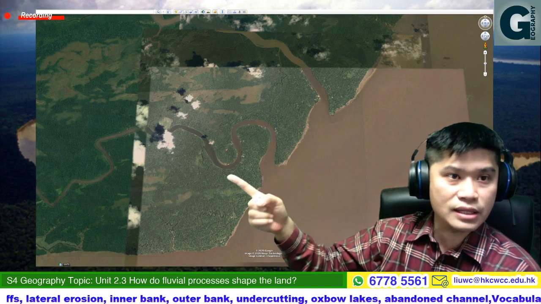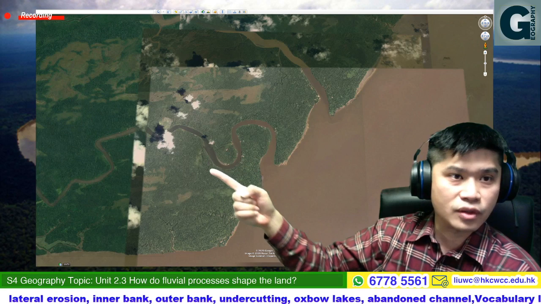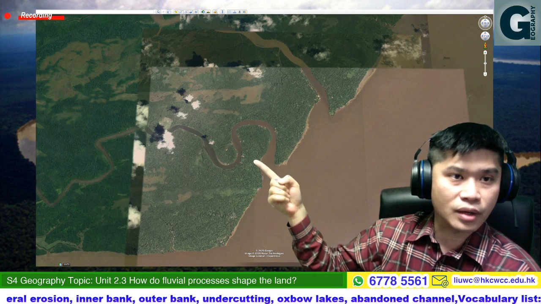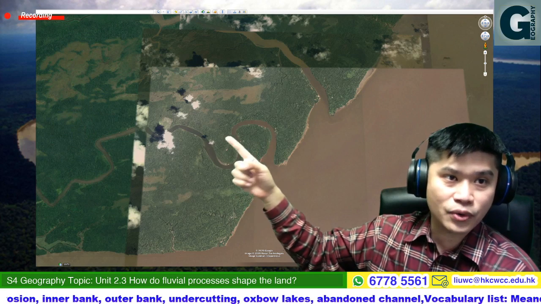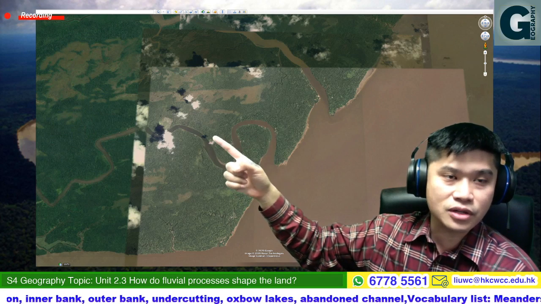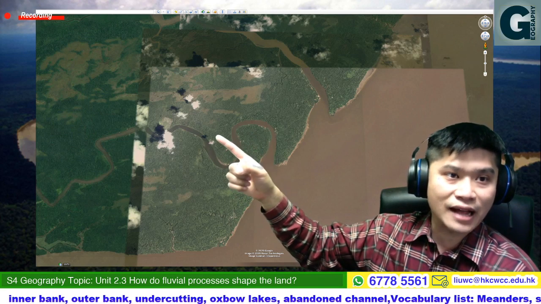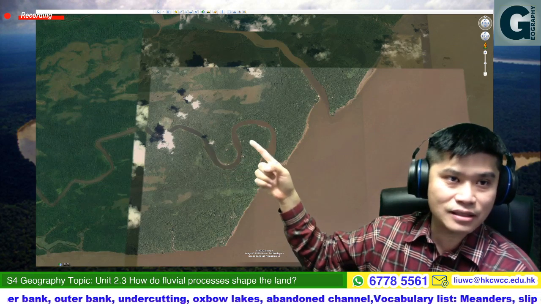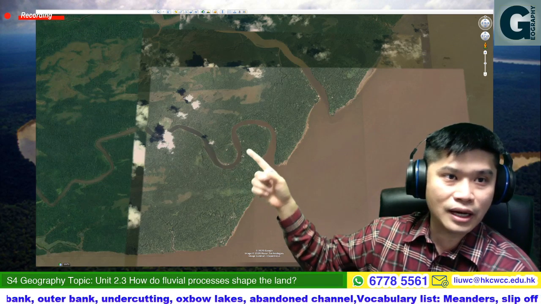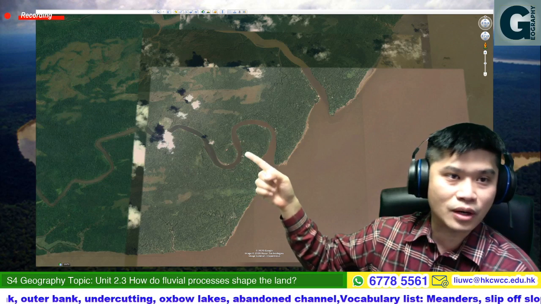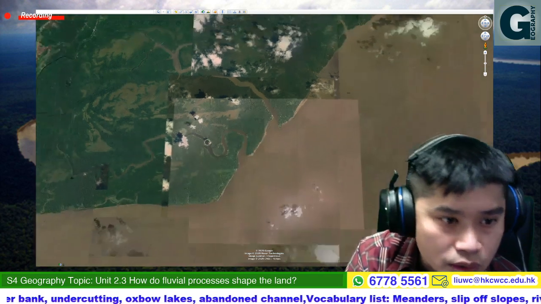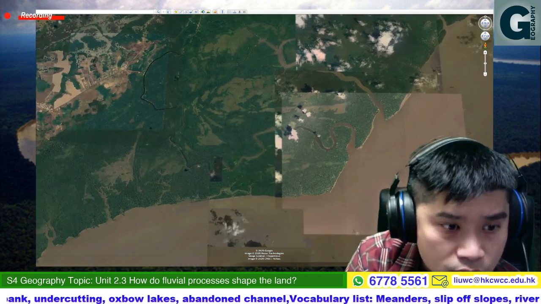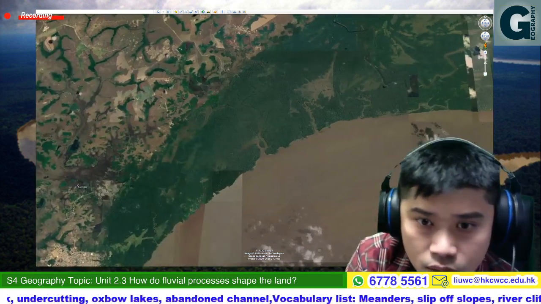So the winding of the meander, and it is expected that in the future, this point may be connected, and this part will become an oxbow lake as well. Let's see if there are more examples. We can see the oxbow lake.